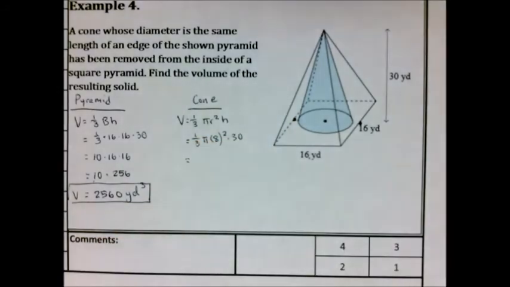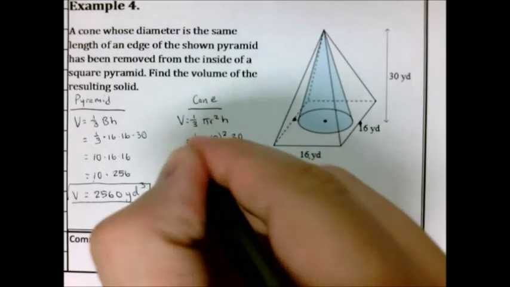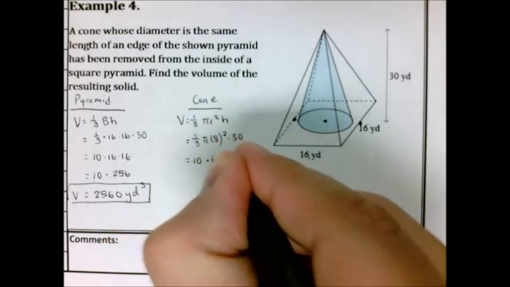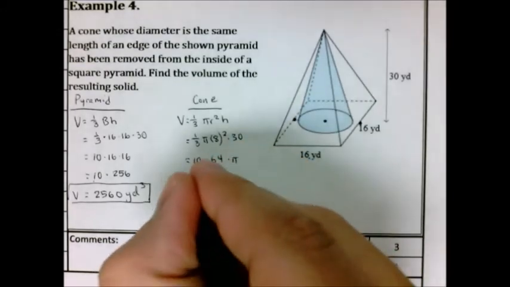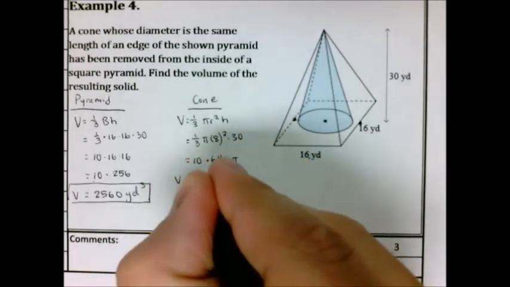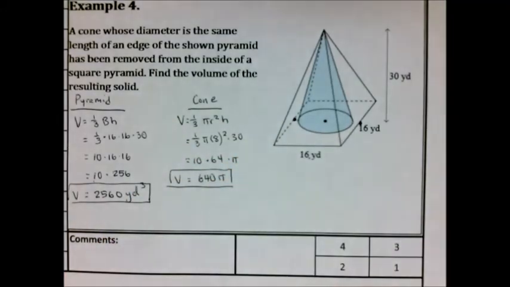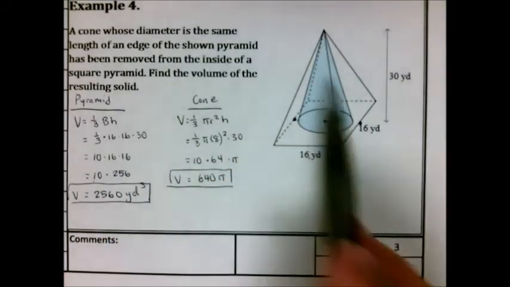So we're just going to multiply this one out again as well. We've got 30 times 1/3 is just 10, times 8 squared is 64 times pi, which we end up getting our volume to be 640 pi.